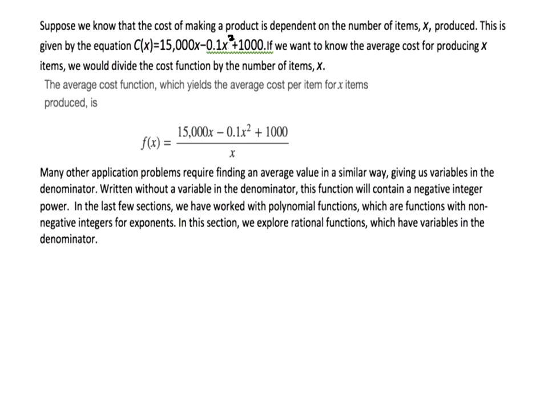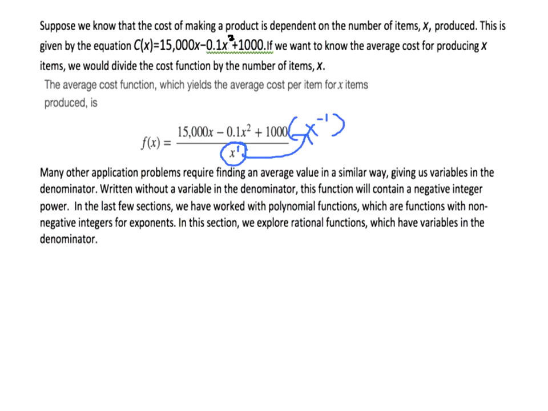The reason this is considered a rational function is because we have a variable in the denominator. Don't forget, if we remember our rules of exponents, if we brought this up to the numerator, that would become a factor of x to the negative first power, because right now it's an x to the positive first power in the denominator.